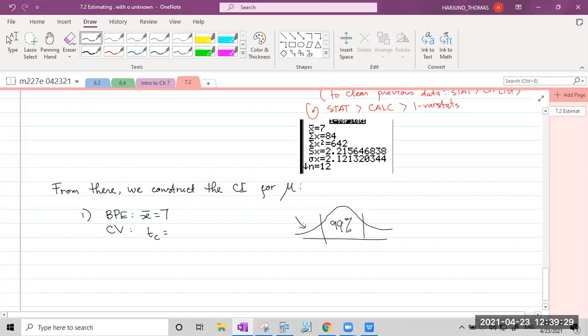The remaining 1% is being shared by both tails, such that the T critical has area to the left 99.5%. So T critical will be inverse T, 0.995, degree of freedom, 1 less than the sample size.